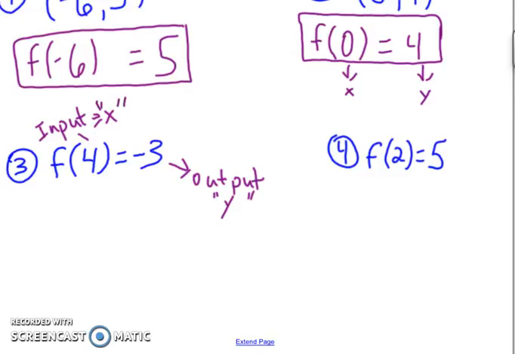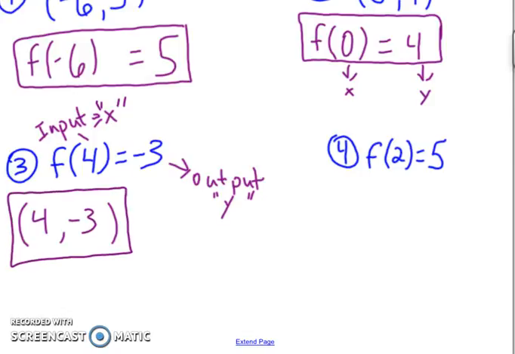So if I were to put this in a coordinate point form, it would be 4, -3. That is huge. You're going to see that the entire semester, so that is very important that you understand the relationship between inputs and outputs, x values and y values. And finally over here, the input right here is 2 and my output right here is 5.